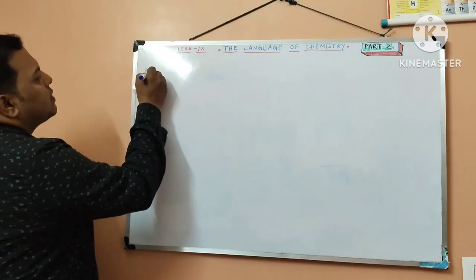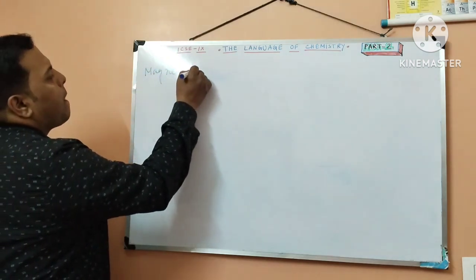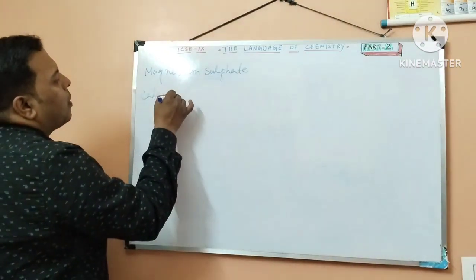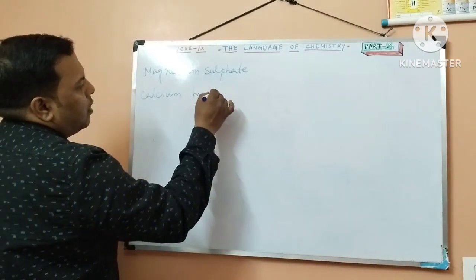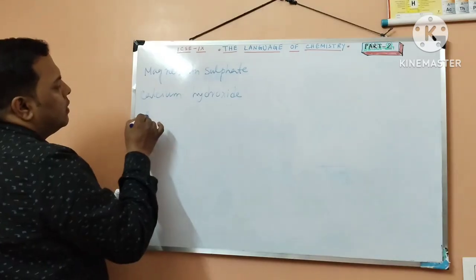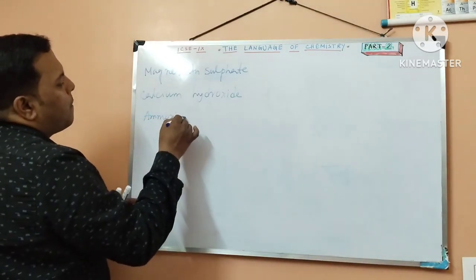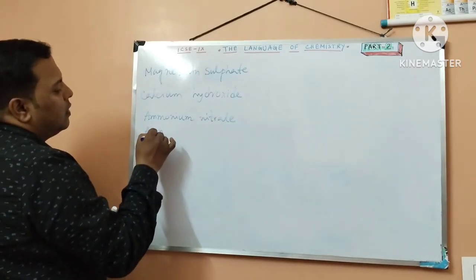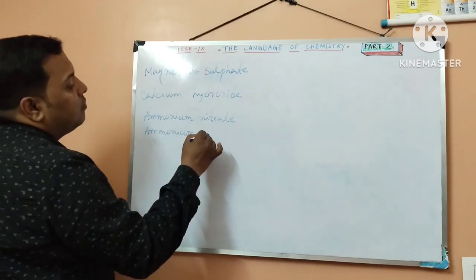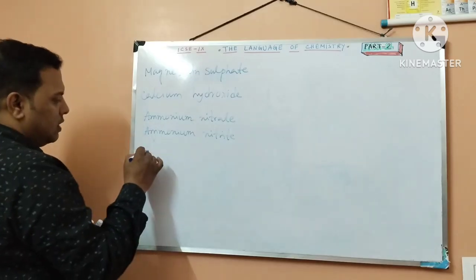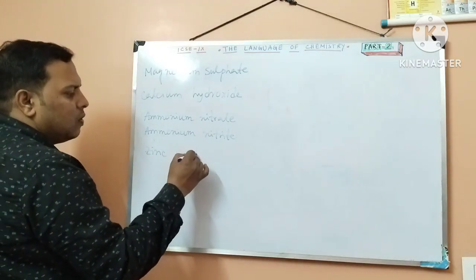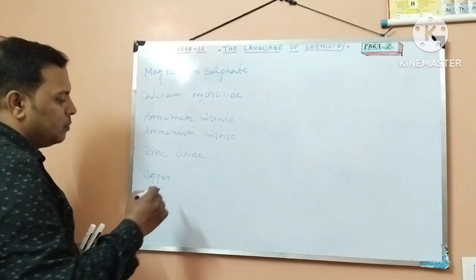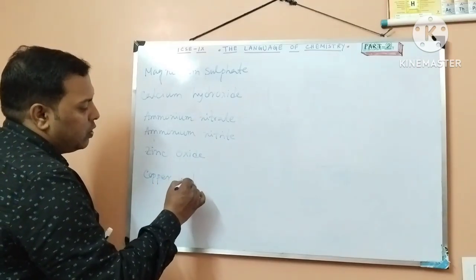First of all we will write magnesium sulphate, calcium hydroxide, ammonium nitrate, then ammonium nitrite, zinc oxide, copper hydroxide.